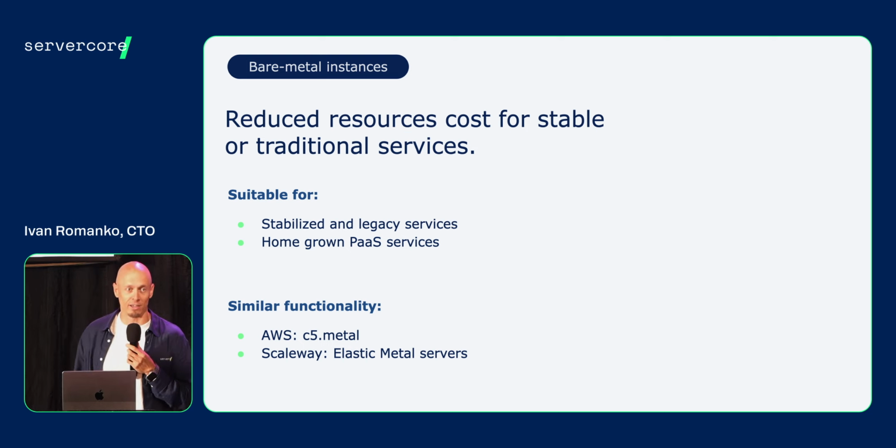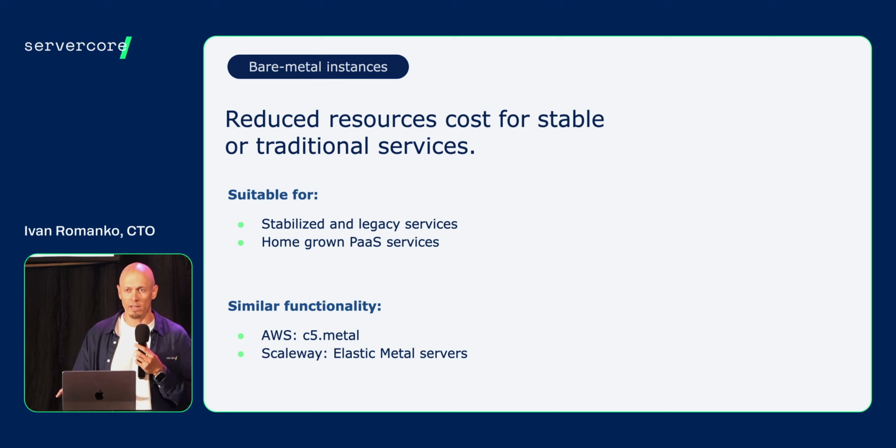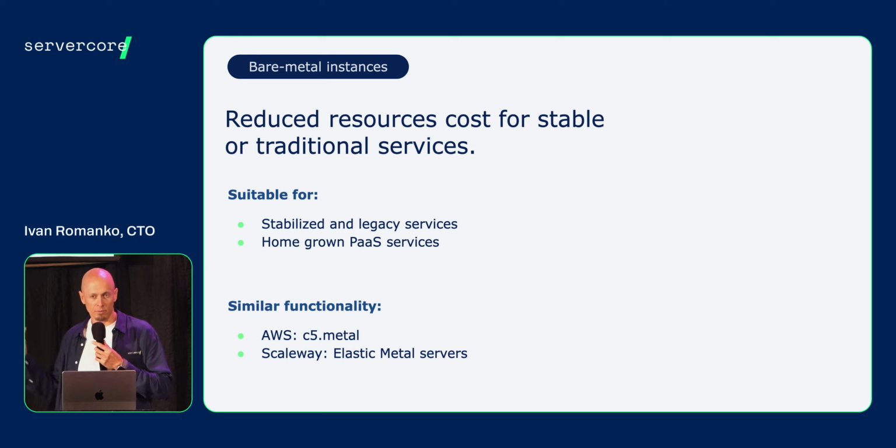Yeah. You were using advanced technologies in Kubernetes. But there is another approach, which is not usually possible in all clouds, but it's possible with some. At least with Servercore and Scaleway and probably some others. It's a migration of a cloud something to a bare metal something.